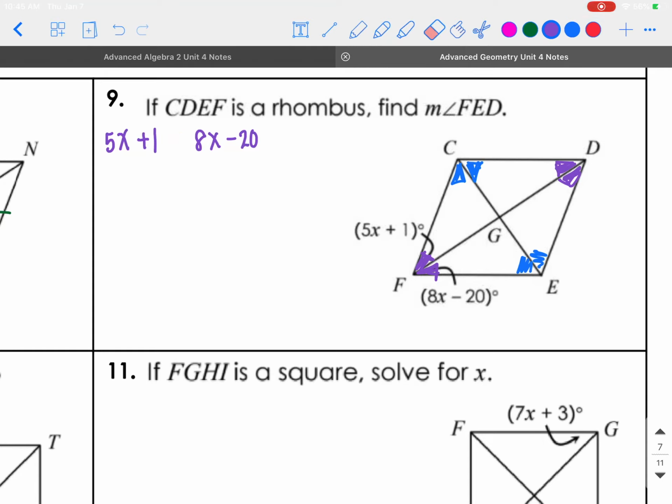They're equal to each other, sorry. So subtracting 5x from both sides gives me 1 equals 3x minus 20. Then adding 20 to both sides gives me 21 equals 3x. Dividing by 3 gives me 7 equals x.